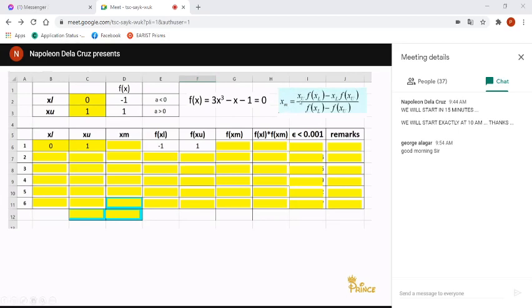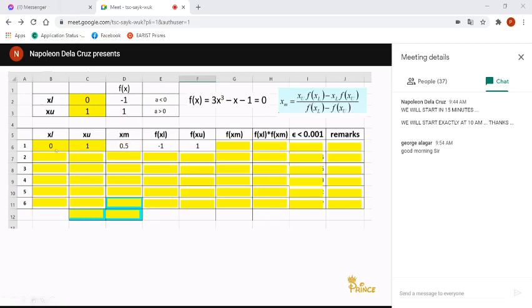The xM is equal to xU multiplied by f of xL minus xL multiplied by f of xU divided by f of xL minus f of xU. Yun ang formula, kita naman, ano? Nilagay ko na, mamaya naman ibibigay ko sa inyo ang lecture. So therefore, solving for this, using this formula, we will end up with this, 0.5.